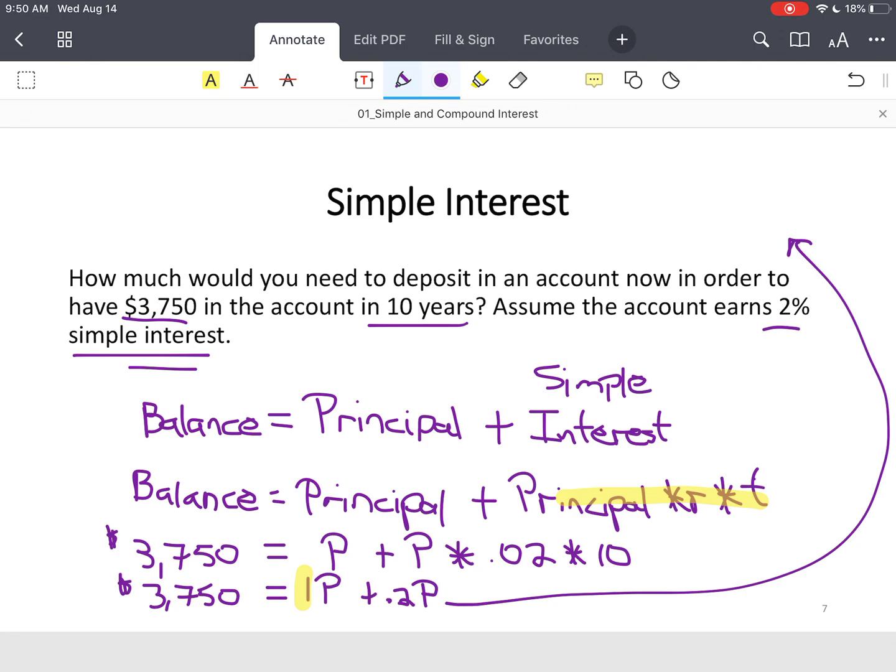So this will become $3,750 equals 1P plus 0.2P, which is 1.2P. And we're just going to simply divide both sides by 1.2. So 3750 divided by 1.2 is, the original principal has to be $3,125.